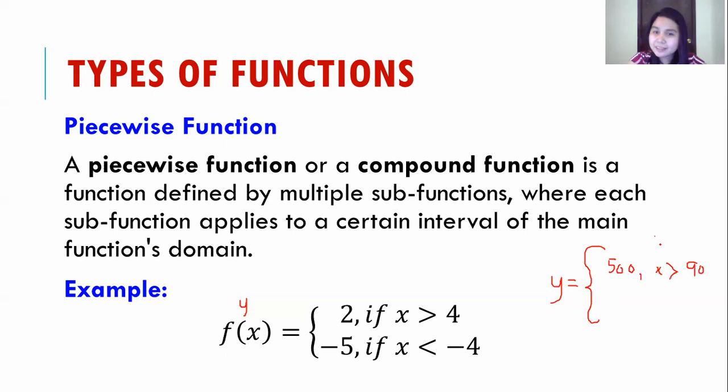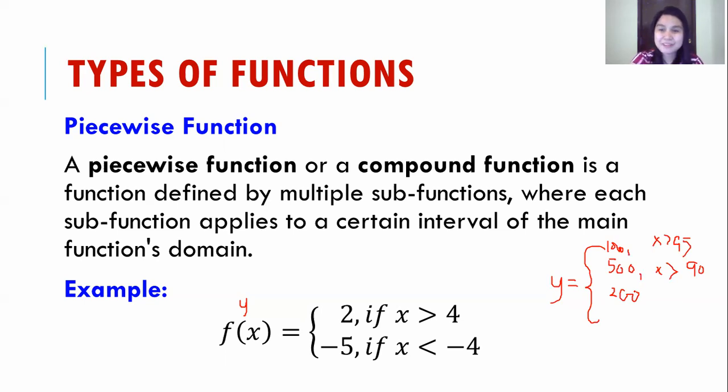If greater than 95, then you can get 1,000. If less than 90, then you will just have 200. So now, that is how a piecewise function works.